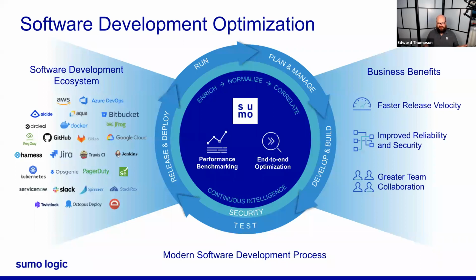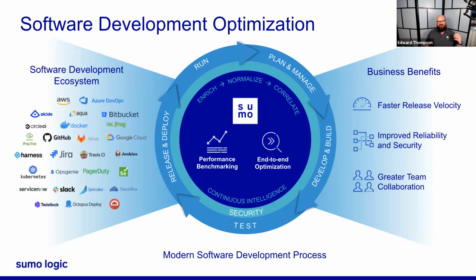Sumo provides a platform to gather all that data, be it structured, be it unstructured, be it from a vendor or something you've cooked up yourself, and to monitor that data, search that data, and get some analytical value out of it. Today we'll dig into how we look across that software pipeline, grabbing all that data from these various tool sets, how we can enrich it, normalize it, and then use it to correlate across various sources and provide specific intelligence that you can actually use to improve your business.